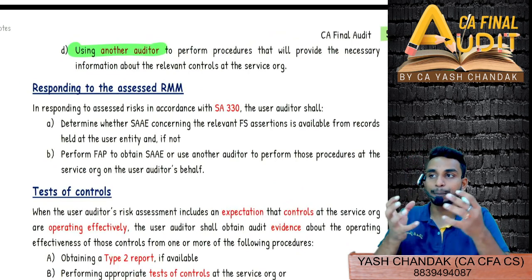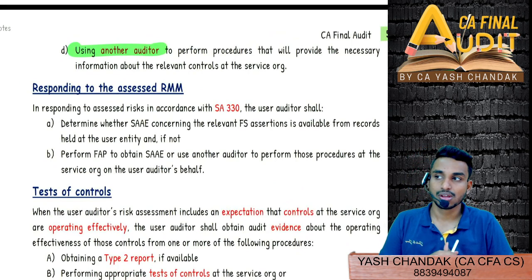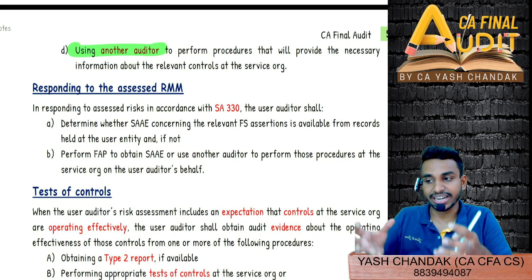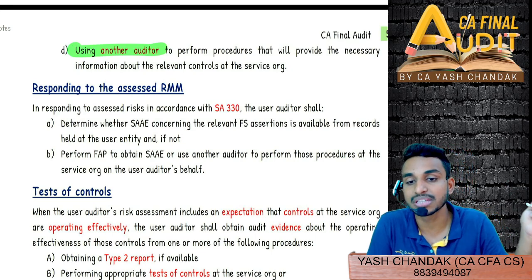Now once we have obtained all the understanding about the risks that are there in the internal controls, we now have to respond to those risks as per SA 330, right? Once we have identified the ROMM, we respond to those ROMM by performing further audit procedures in accordance with SA 330.